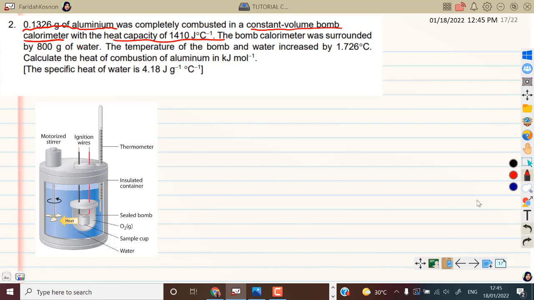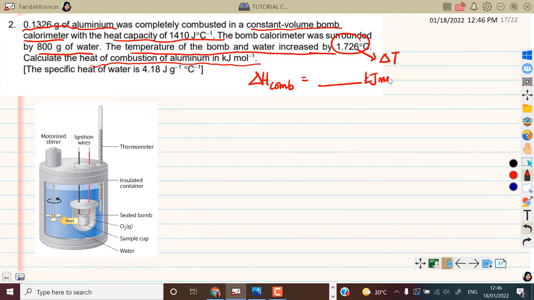The temperature of the bomb calorimeter and water increased by 1.726 degrees Celsius. So, this is the delta T.